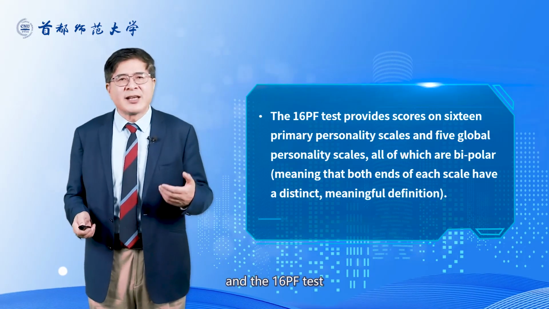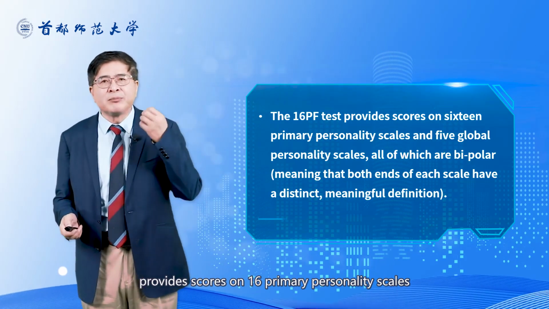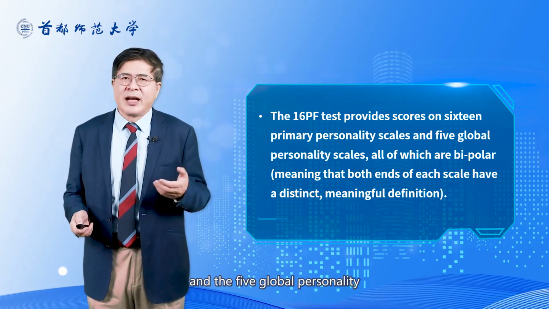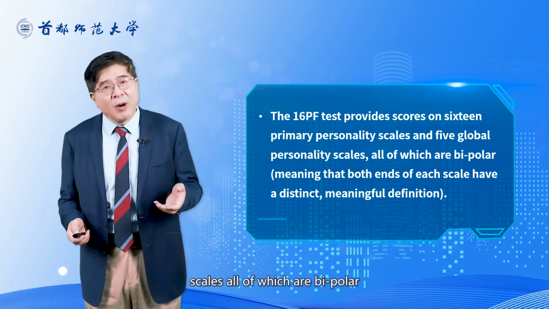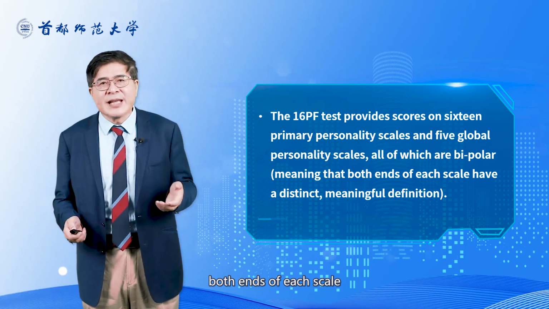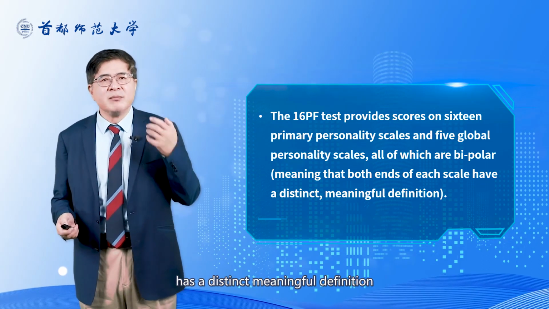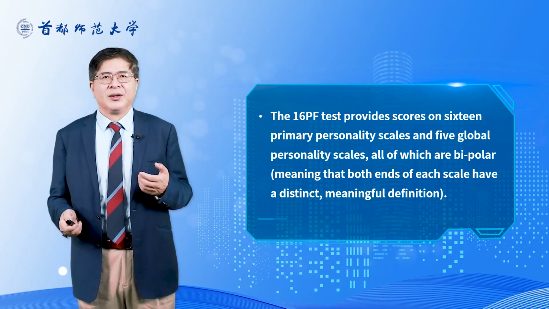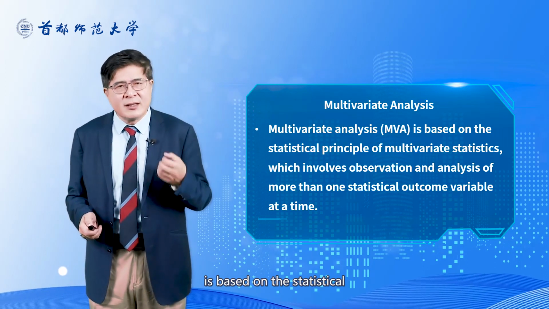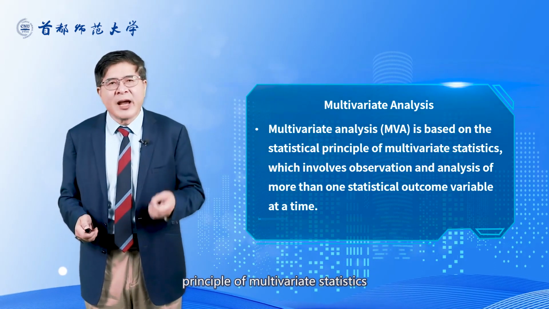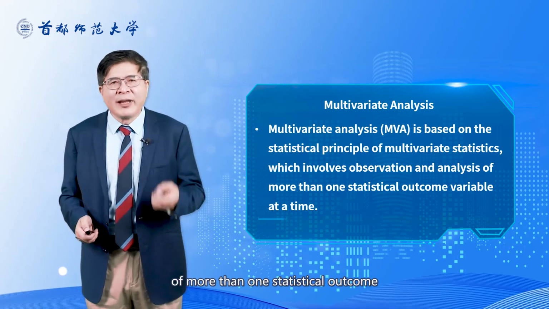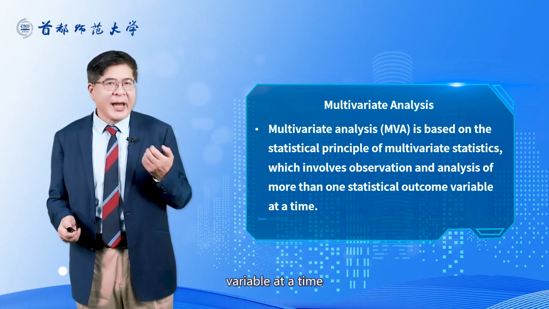The 16 PF test provides scores on 16 primary personality scales and 5 global personality scales, all of which are bipolar, meaning that both ends of each scale have a distinct, meaningful definition. Taken together, the multivariate analysis is based on the statistical principle of multivariate statistics, which involves observation and analysis of more than one statistical outcome variable at a time.